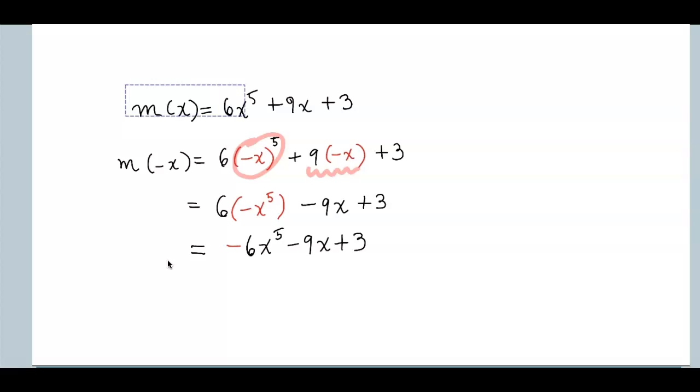Okay, so let me copy this line over here. Okay, when they want you to find a negative m of x, that simply means just switch the sign of every term. Make them all opposite.